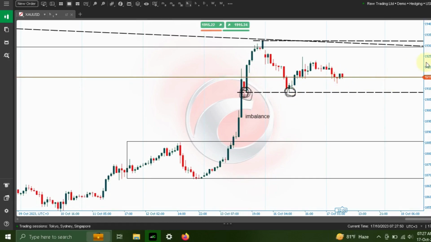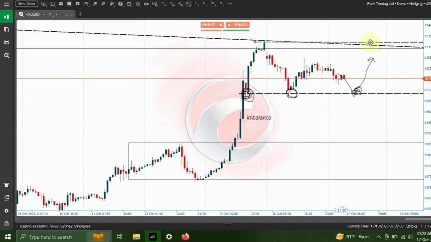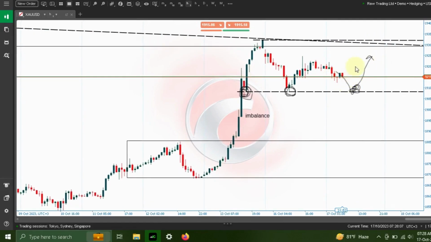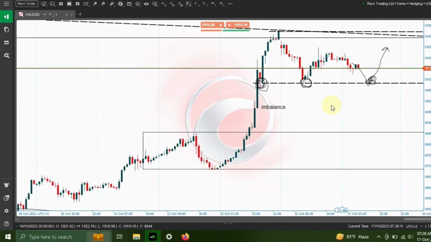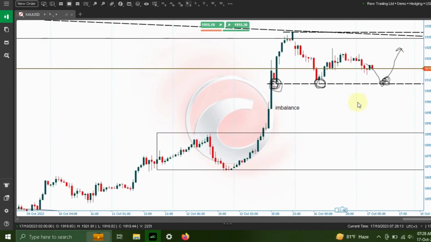So probably if this market comes here and gets another rejection, maybe it can move to this buy side liquidity or this supply zone here. So we are still waiting to see how the market will unfold, so that we can execute our trades, either sells or buys.